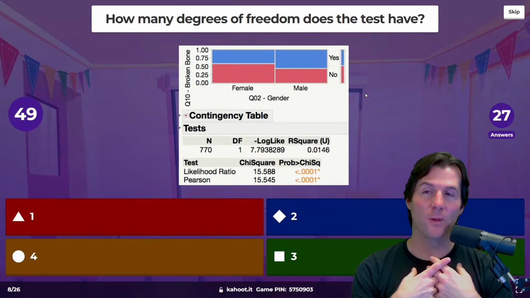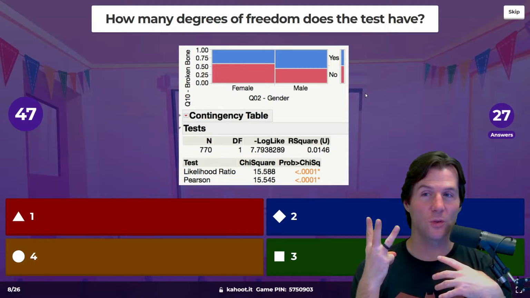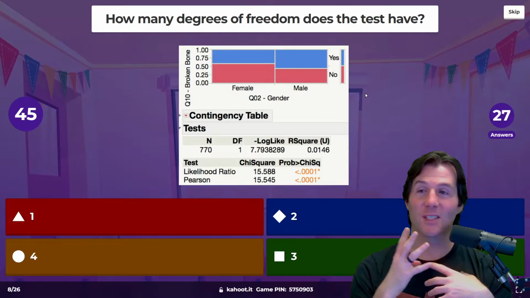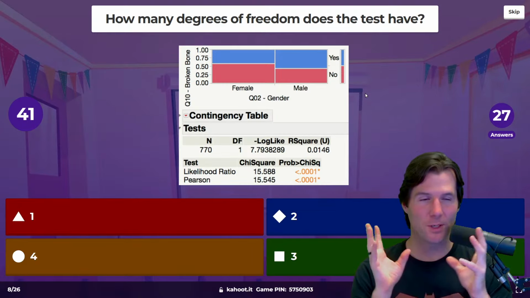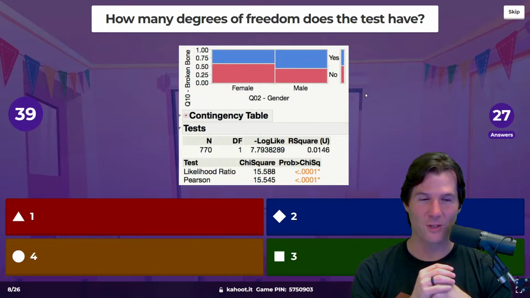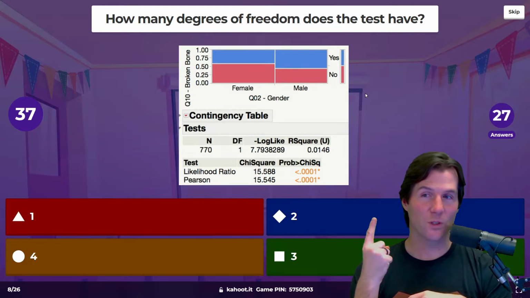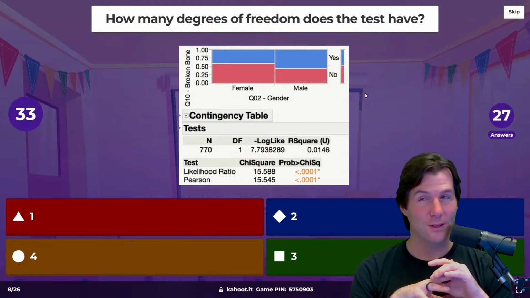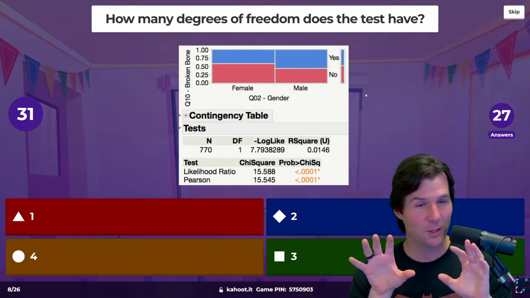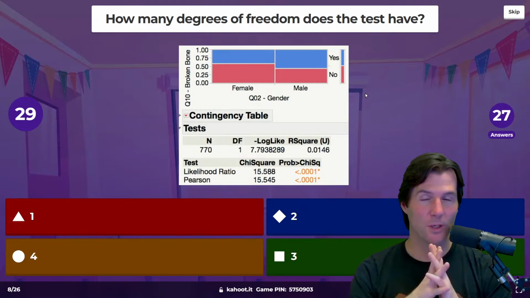How about if we did freshman, sophomore, junior, senior, and the state you live in out of the 50 states? How many degrees of freedom would there be? That one you can't do with your hand. Well, you're on the right track. But what do we do?